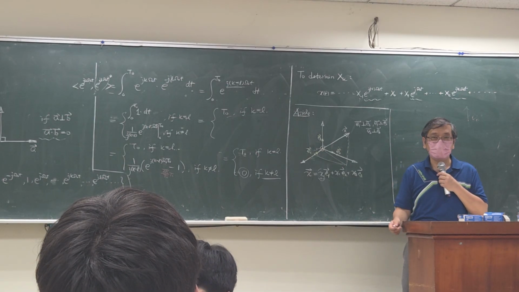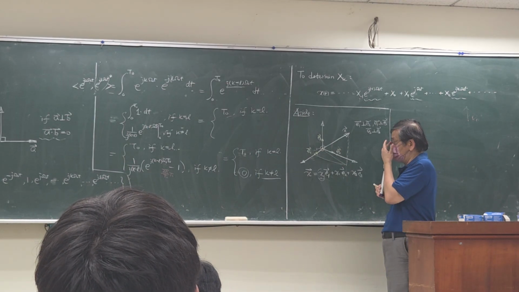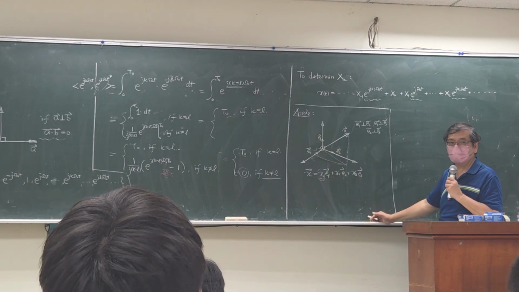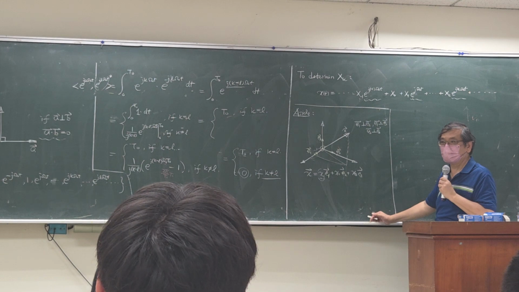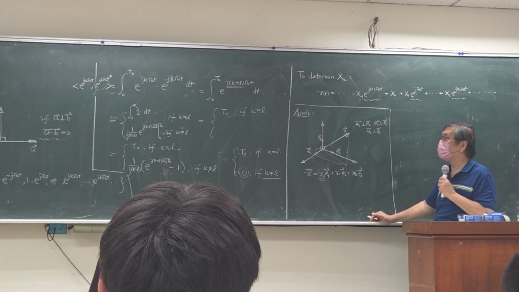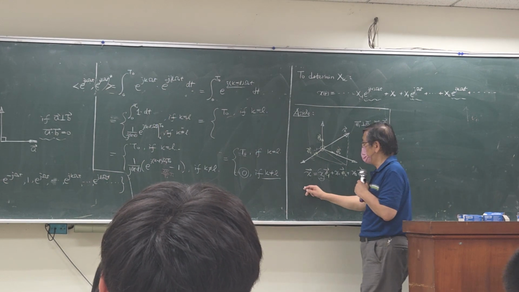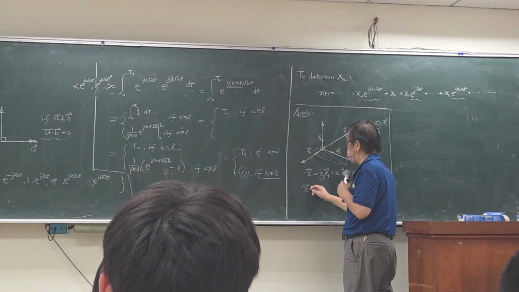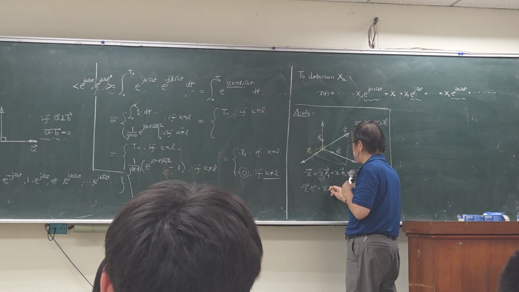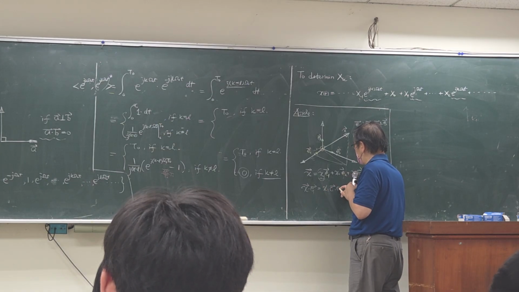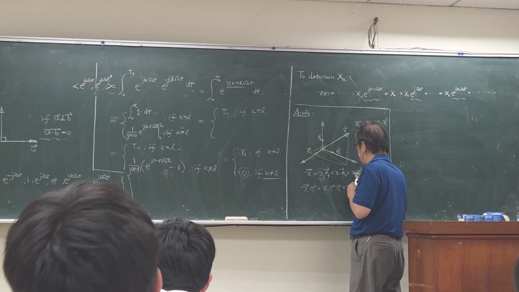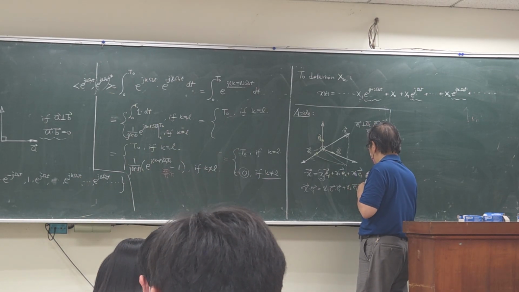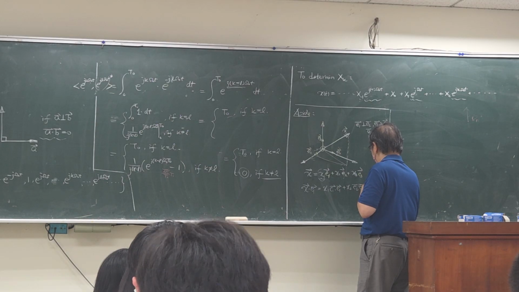In this case, how do I determine the component in the E1 direction? We take the inner product, right? x dot E1, then I have x1 E1 dot E1, and then x2 E2 dot E1, and then x3 E3 dot E1.